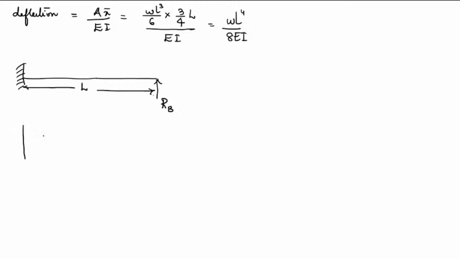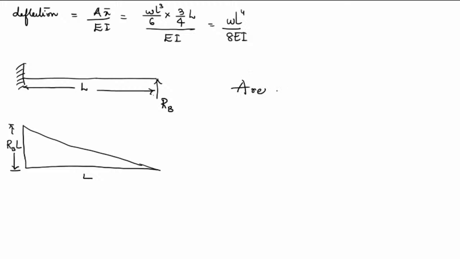Bending moment diagram for this will be a simple triangle of length L, and this will be RB times of L. This will be the bending moment, RB times of L, and area for this is equal to half into base L, and height RB times of L. So this is equal to RB L square by 2.